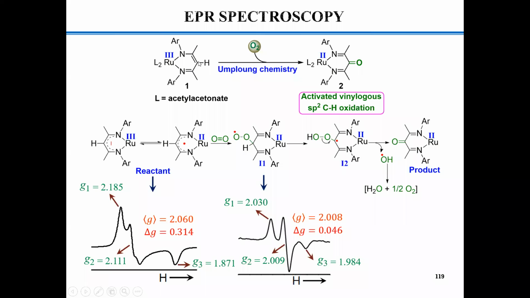But this particular ligand, which is called beta diketiminate, is an interesting ligand. That is a redox active ligand. That means it can exhibit normally in an anionic form, or it could also exhibit in a radical form. Both are possible. Okay. Now, that is not possible in a free ligand system.